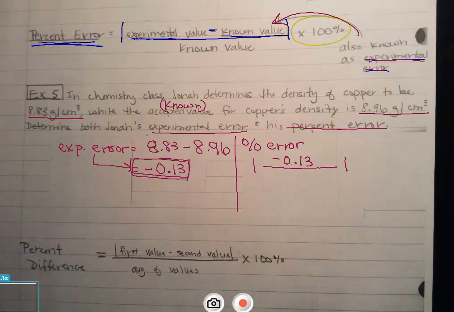Sorry, the way I drew this, it kind of looks like it's all in absolute value, and it's not. Just the numerator is, and that's being divided by the known value. Our known, or accepted, value was 8.96. Geez, I have a 3 on my mind.